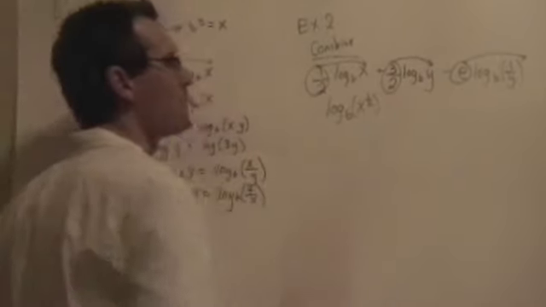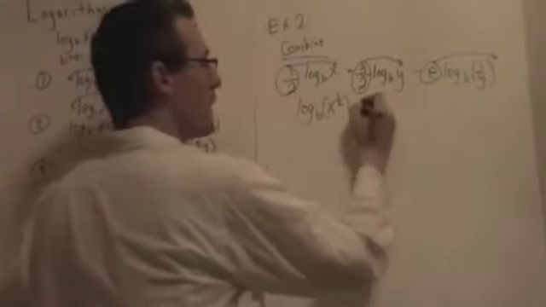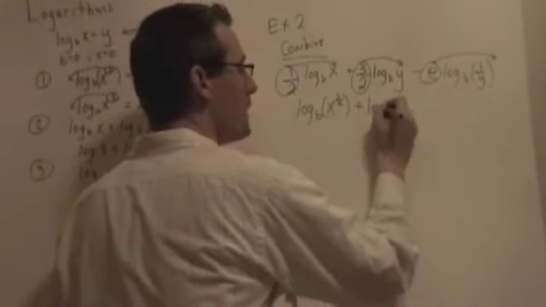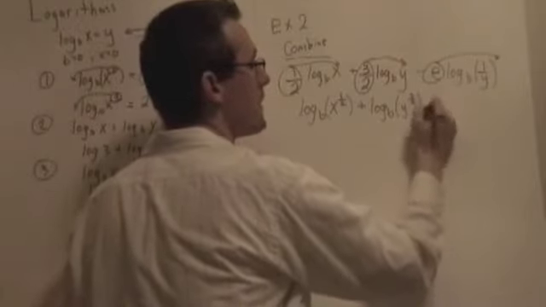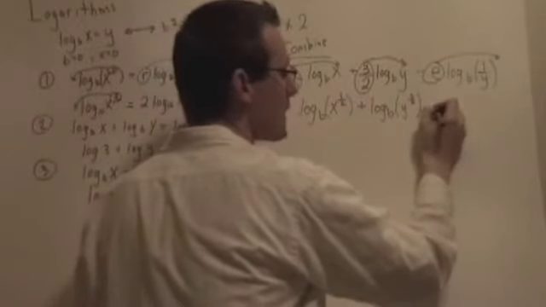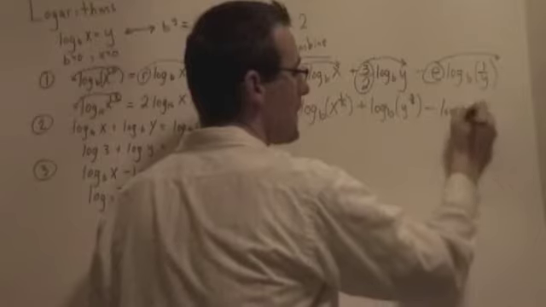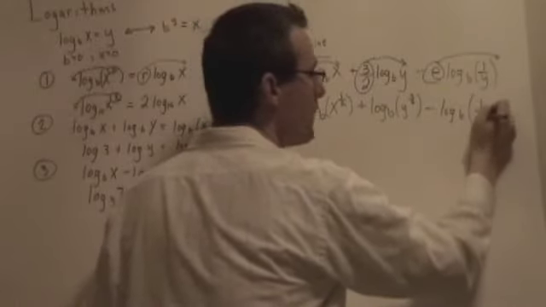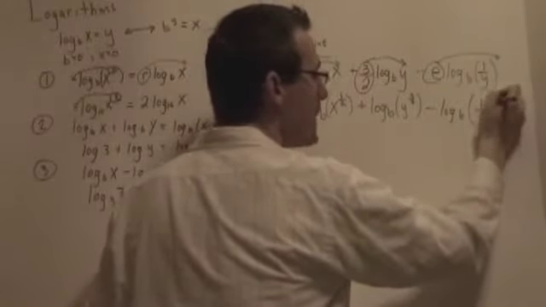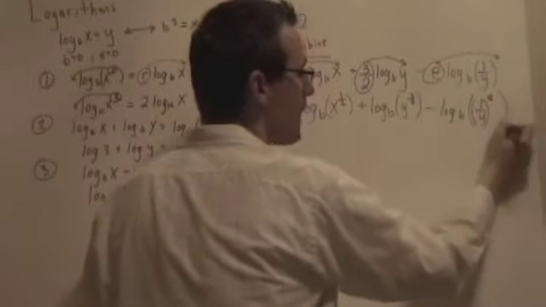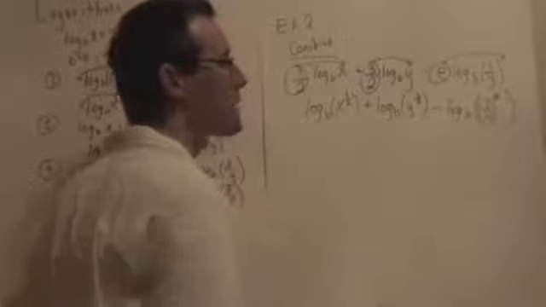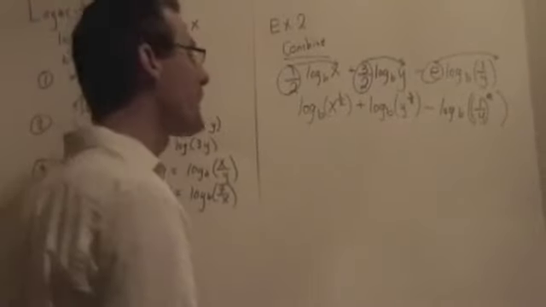Again, we're going to put that in parentheses just to be clear, plus log base b of y to the 3/2 minus log base b of 1 over y to the power of e. Now we need to put this in parentheses as well, so we know that the y gets the exponent of e as well, not just the 1.